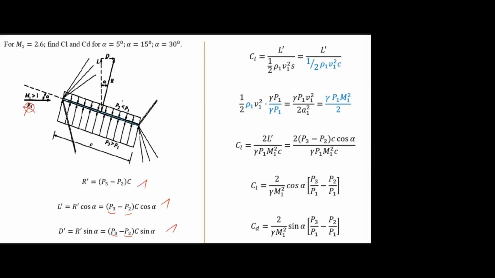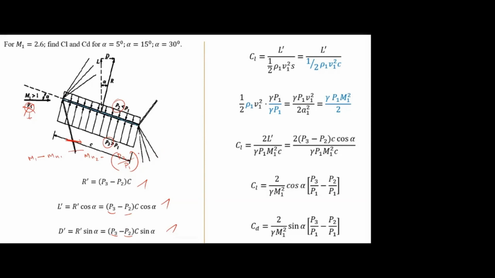Without P1, we cannot find P2, P3. So one way is you can assume P1. For example, across this oblique shock wave, from M1 you find Mn1, then Mn2, then you find the P2 by P1 ratio. If you know the P1 value, you can directly find P2 and substitute here. Okay, this is the first way.